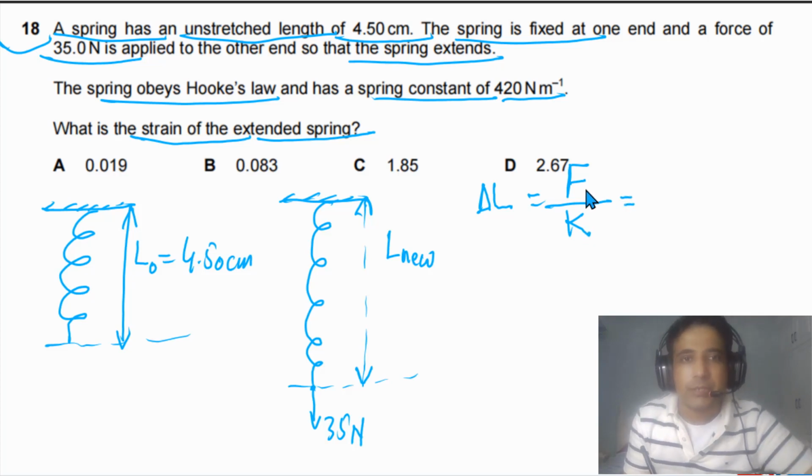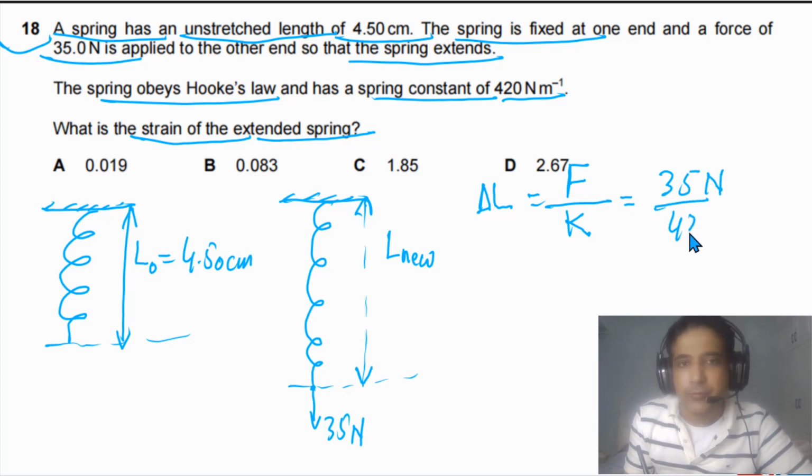In this case we have F equal to 35 newtons, divided by K, where K is equal to 420 newtons per meter. If we simplify this, we will get delta L is equal to 0.03 meters.